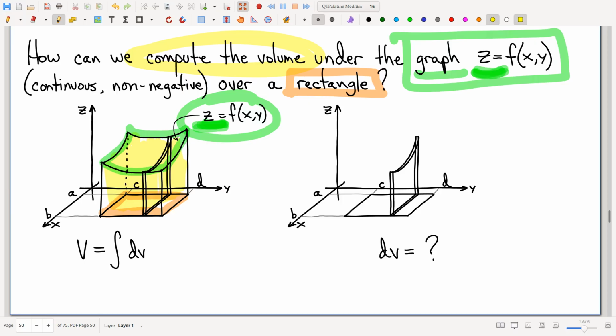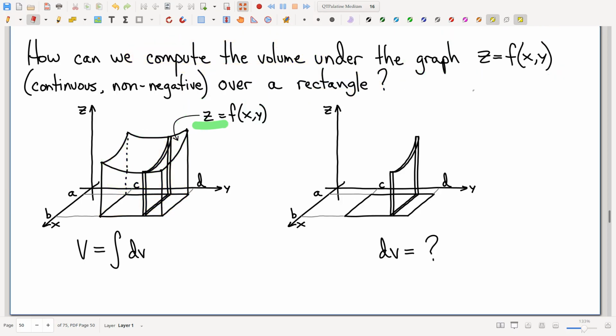And we can get started on that by saying, look, I'm going to slice it up, just like we did for volumes of rotation. The total volume is going to be the sum of those volumes, like that. The volume of a loaf of bread is the sum of the volumes of the slices in the loaf.